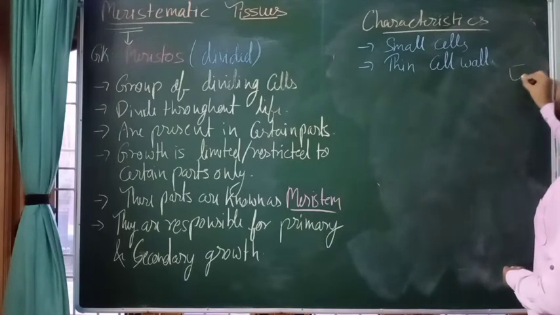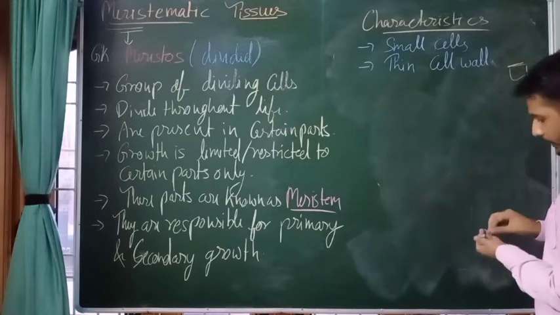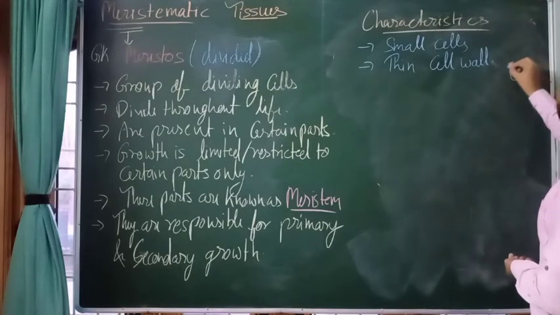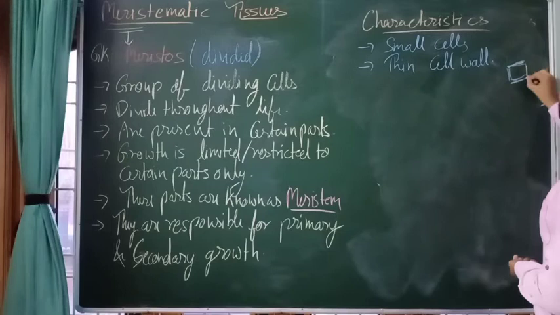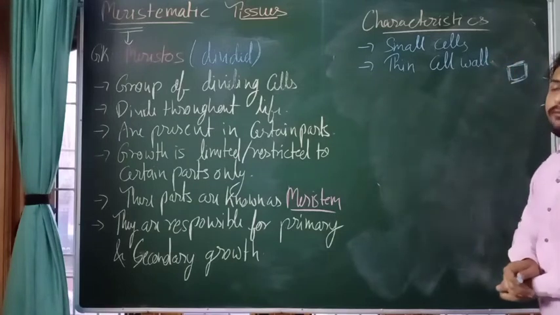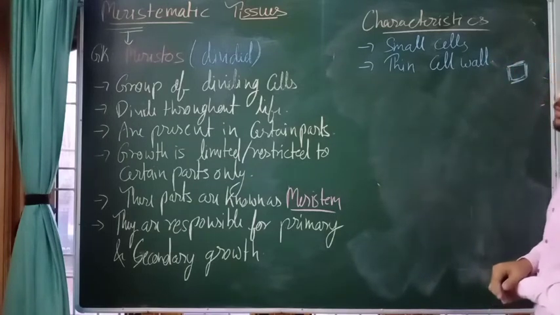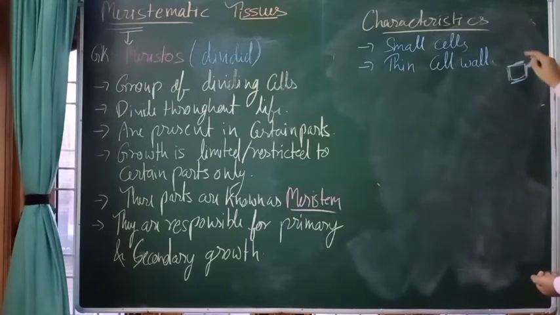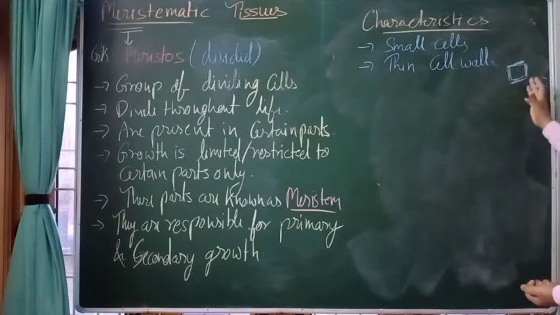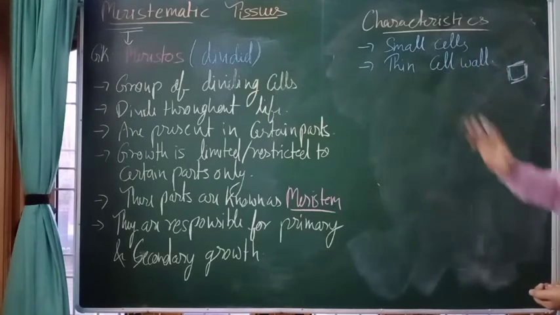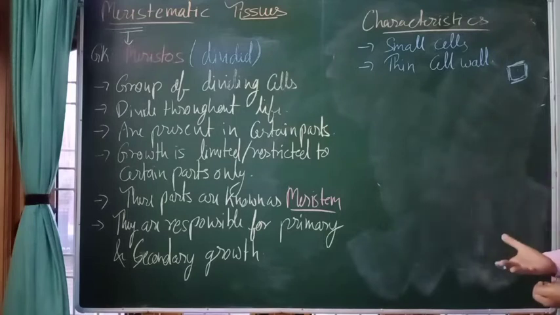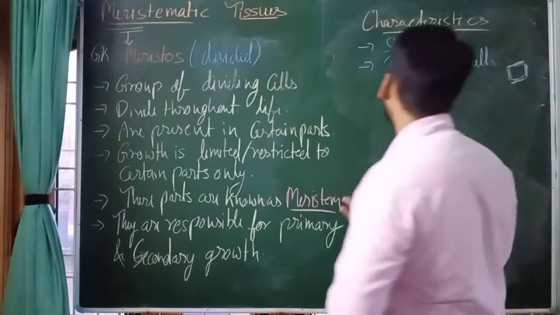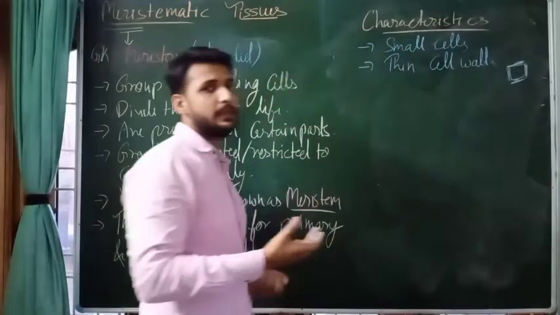Suppose this is a cell and here is the cell wall, right? So these are the dividing cells, and if we need to divide these cells, it would be easier if we have a thick cell wall or a thin cell wall. So obviously, if we have a thin cell wall, it would be easier to divide, right? So it is a characteristic that they have a thin cell wall, which helps in the division.